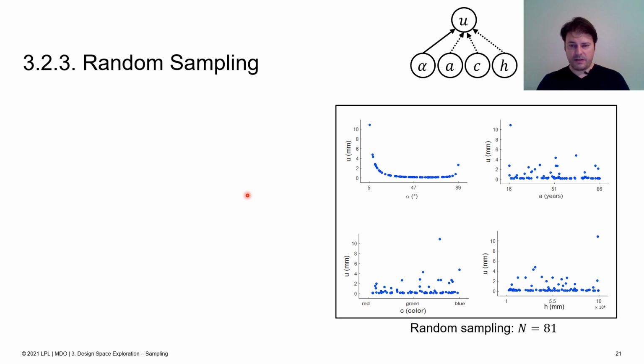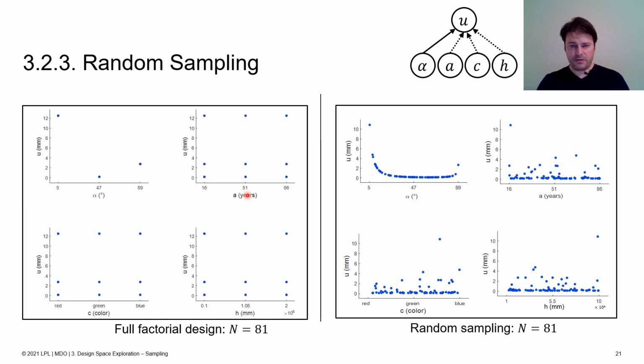So this is the result for random sampling, and this would be the result for a full factorial design with a comparable number of sample designs. So you can tell that these holes here are closed.